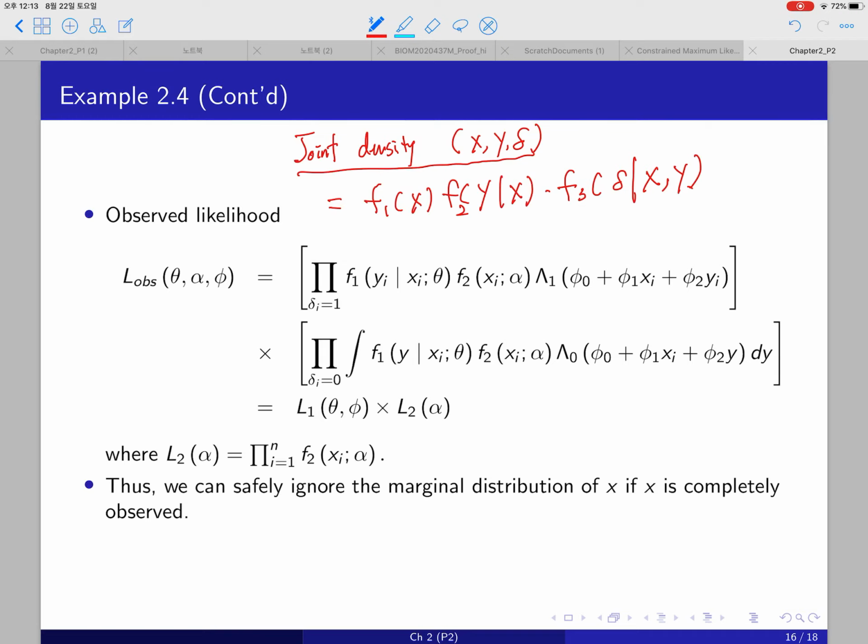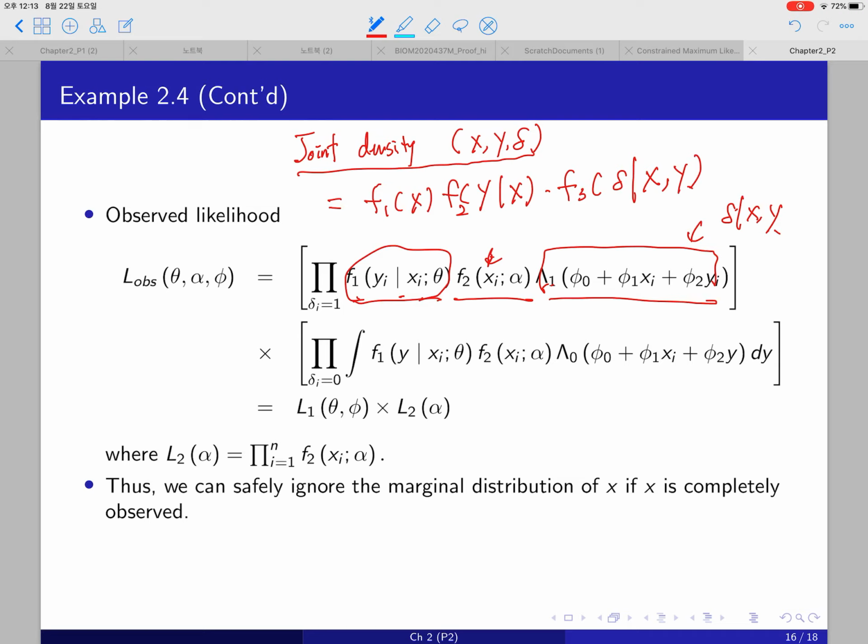But since delta is either 1 or 0, we can write it this way.